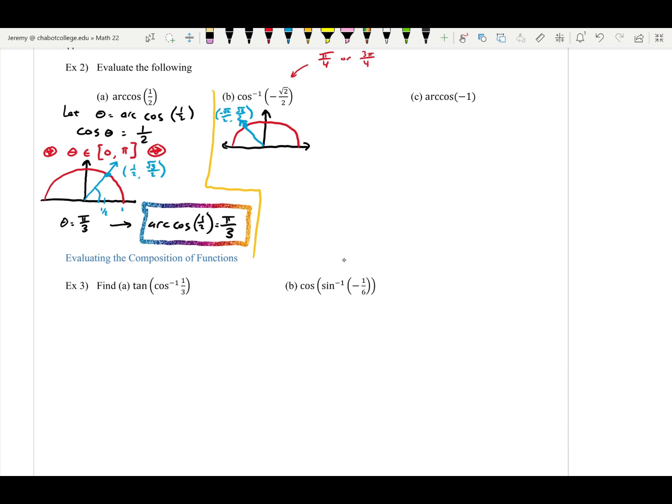But yeah, and then here's our angle theta, which ends up being, in this case, 3 pi over 4. Okay. So I'll just put my answer here. Cosine inverse of negative root 2 over 2 is equal to 3 pi over 4.